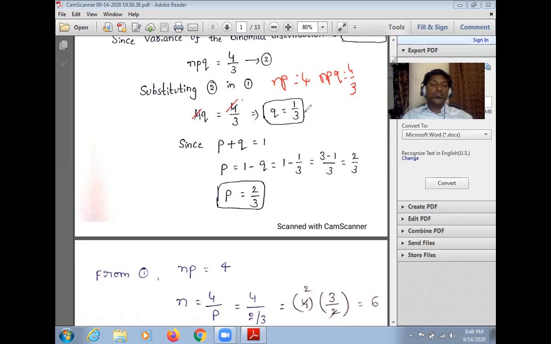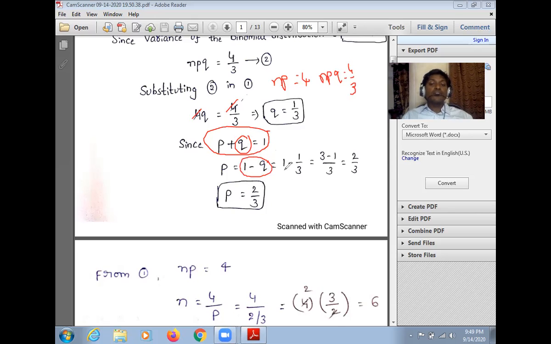Now we are going to calculate p. In a binomial distribution we know the condition p plus q is equal to 1, and we know the value of q. So we write p alone on the left side and take q to the right side; plus q changes to minus. So p is equal to 1 minus q.